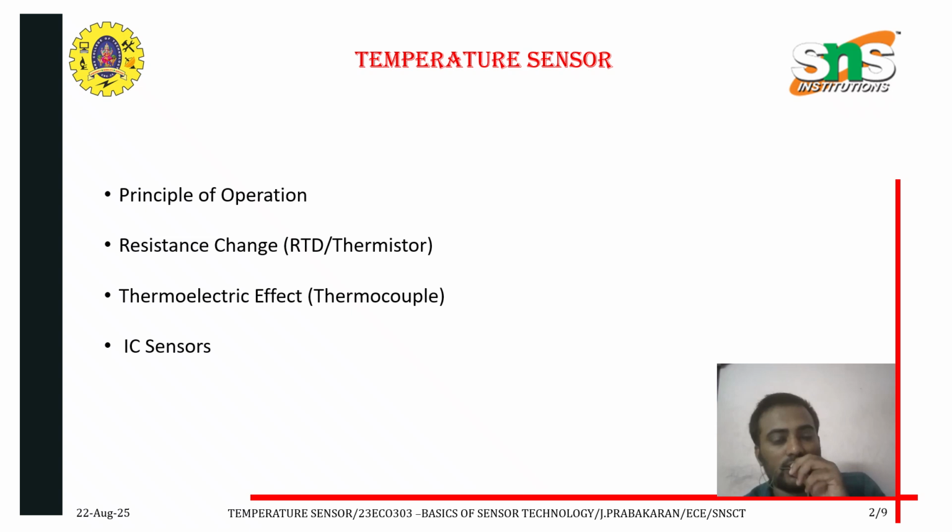And next one is resistance change, RTD and thermistor. RTD means resistive temperature detector, and thermistor rely on the fact that the resistance of a conductor or semiconductor varies with temperature.